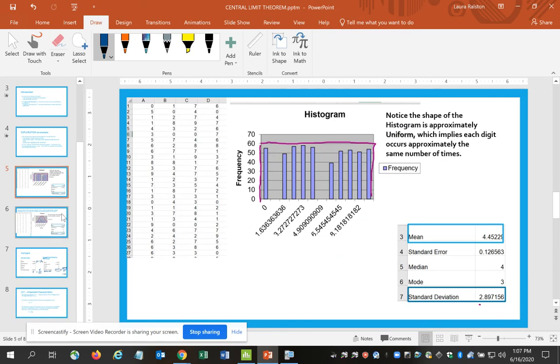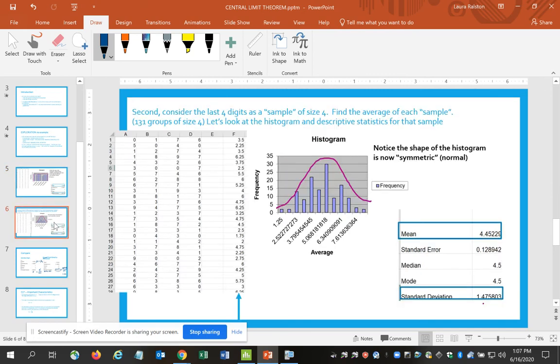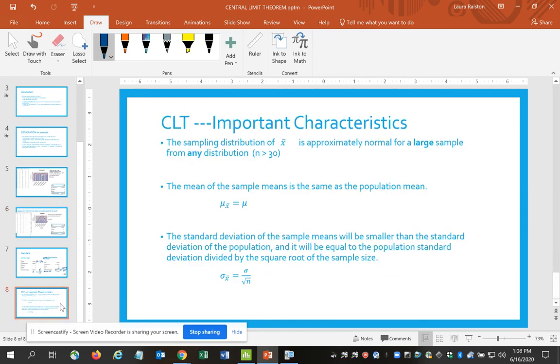We saw that because we went from a uniform distribution to virtually one that was symmetric or normal. So that's the first thing.